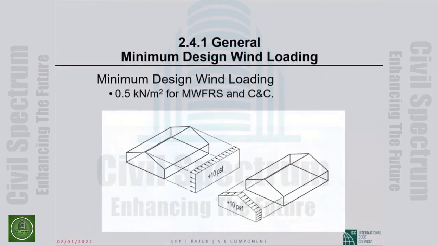Then BNBC, as in ASCE 7, has minimum design wind loading. No matter what you calculate, these are additional load cases. On the vertical projection of the wall, it is 10 pounds per square foot, which is half a kilonewton per square meter. And in the longitudinal direction, it is also 10 pounds per square foot on the face. The pictures are pretty graphic.